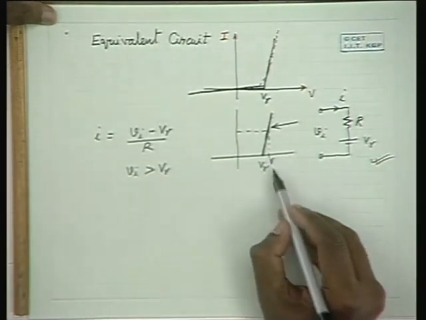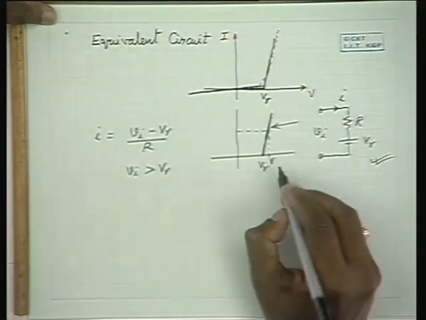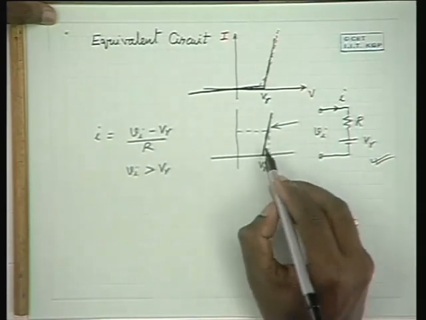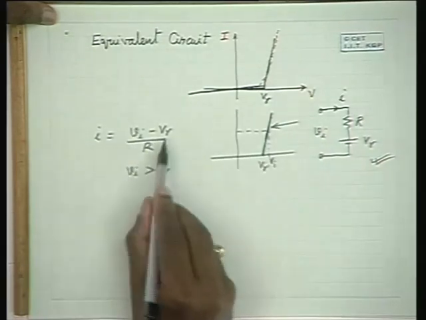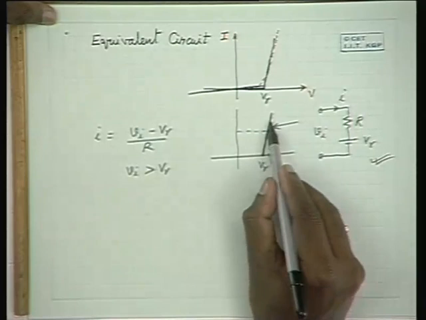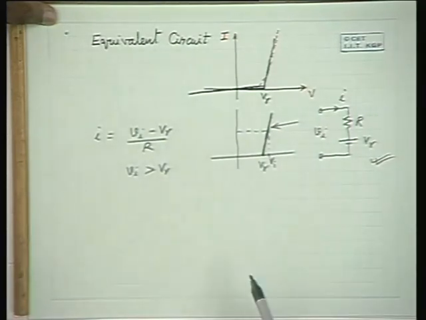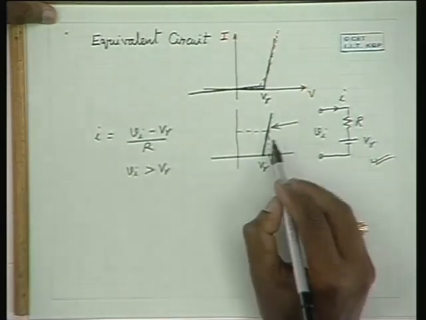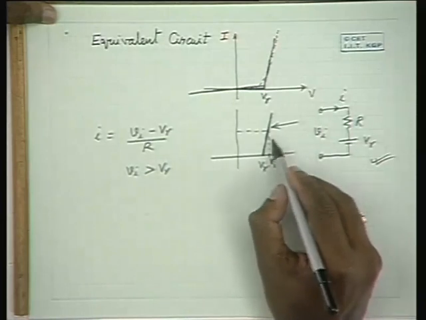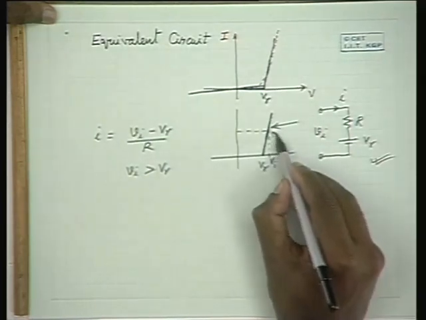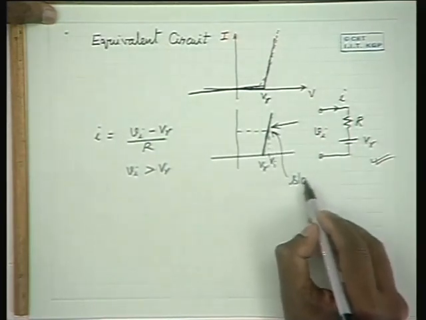So when Vi is more than V gamma here, this is Vi, then the relationship is a linear relationship like this, with the slope of the curve given by 1 by R. So the slope is 1 by R.